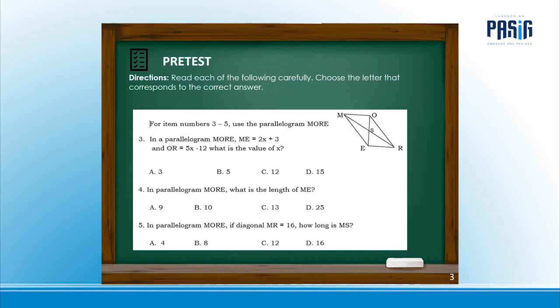Number 5. In parallelogram MORE, if diagonal MR is equal to 16, how long is MS? A. 4, B. 8, C. 12, D. 16. Your timer starts now.